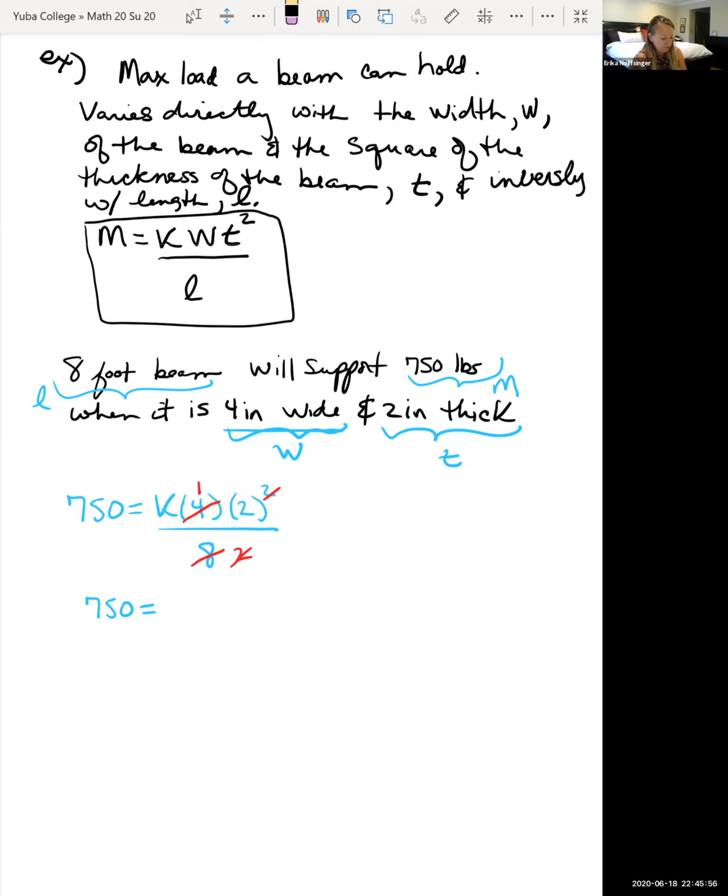As long as what we're given next when we're asked to find the information is the same. So as long as our thickness is still in inches, our width is in inches, and our length is in feet, we're good. But if they're not the same units, then we do need to worry about units.